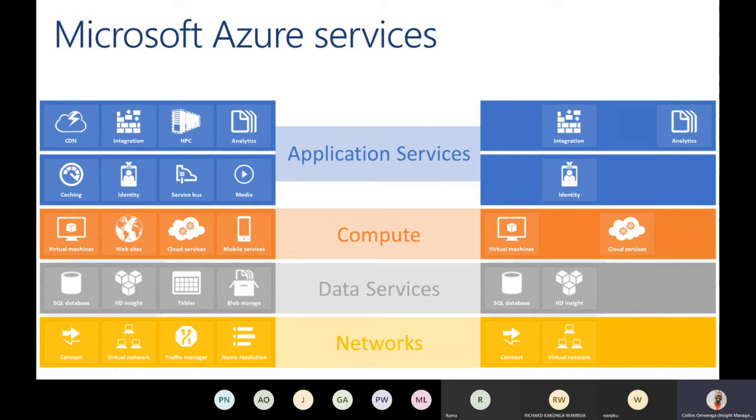And on top of compute, data services, and network services, we have application services that are specifically customized for specific scenarios, like CDN for delivery, integration with other applications, high performance computing and analytics, caching, identity management, and media delivery. So from an application services perspective, these are specific services customized to help accelerate delivery of applications and services.